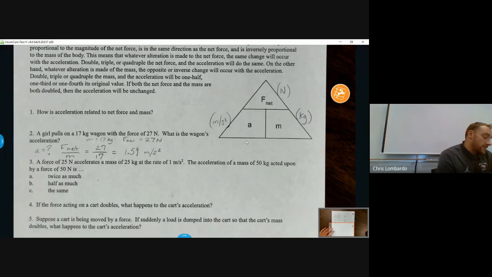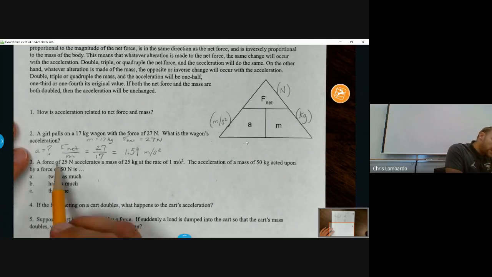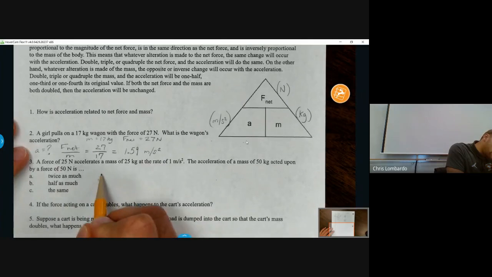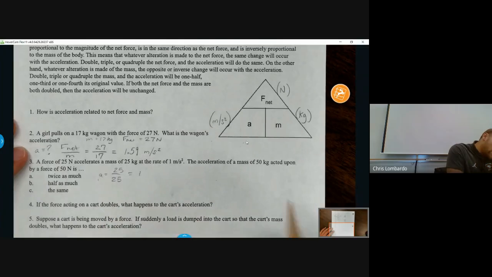You could probably figure this out with common sense, or I can show you how the equation works. There are a couple of different ways. Acceleration is force over mass, so you did 25 over 25 and you got 1. You can do it this way.